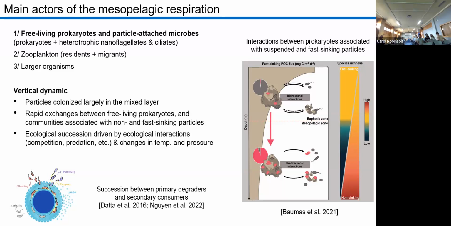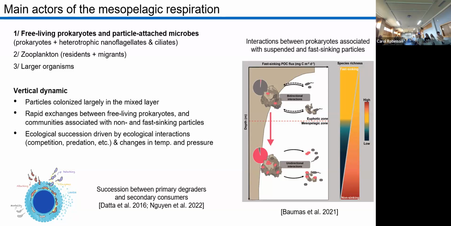Here, I just want to highlight two recent studies showing first that it is now admitted that sinking particles are largely colonized in the mixed layer. But once they leave this mixed layer, this aphotic zone, we have a rapid exchange between free-living prokaryotes and communities associated with non-sinking and fast-sinking particles.